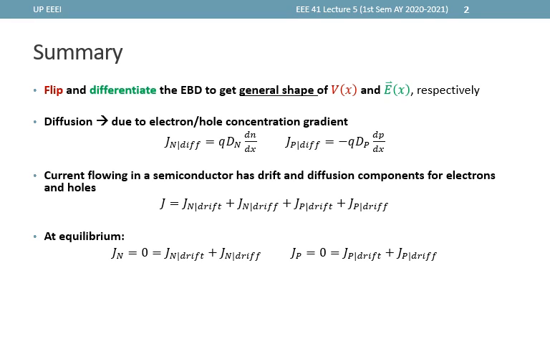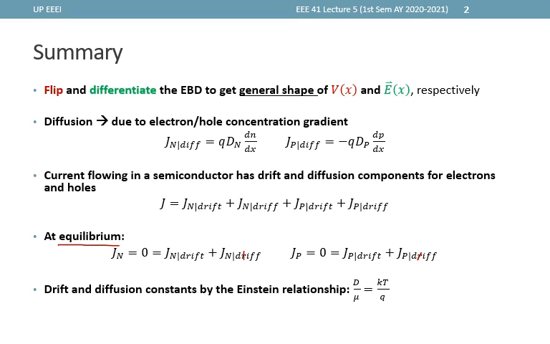However, at equilibrium, there must be no net current for electrons and no net current for holes. Thus, Jn is equal to 0 and Jp is equal to 0 at thermal equilibrium. This means that at thermal equilibrium, Jn drift plus Jn diff is equal to 0, while Jp drift plus Jp diff is equal to 0.